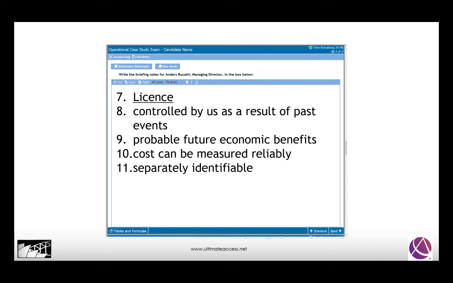Otherwise, we could be amortising this license over a longer period than it's really worth. So that would be a good way of earning some higher level marks.